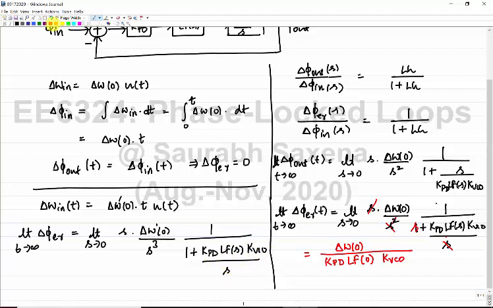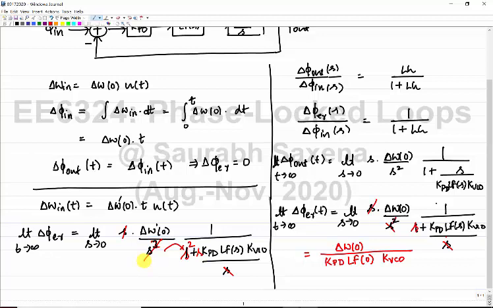Okay, so in the last class we made one error while substituting the values. So this will be s square. So s square goes inside, this becomes s square, and then this goes away, and you are also going to have s here. Okay, so this is what your final value is going to be.